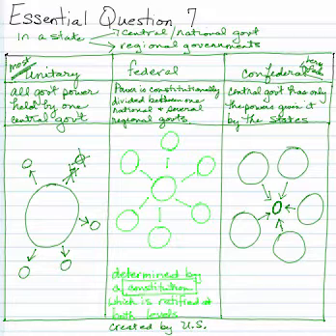So when the United States was first formed, we had one national government and 13 regional governments. Today, we have one national government and 50 regional governments. And here's the picture of that.